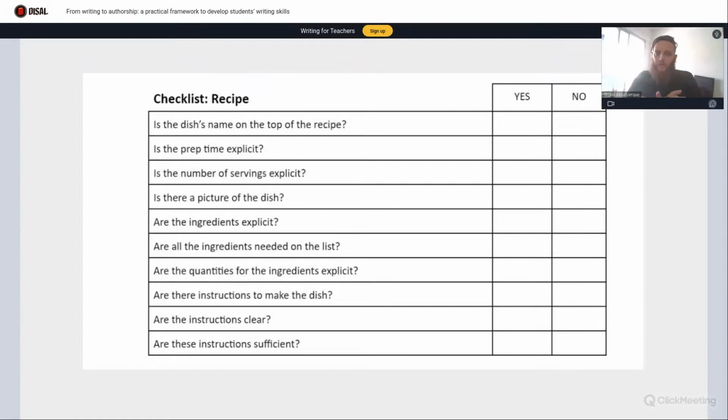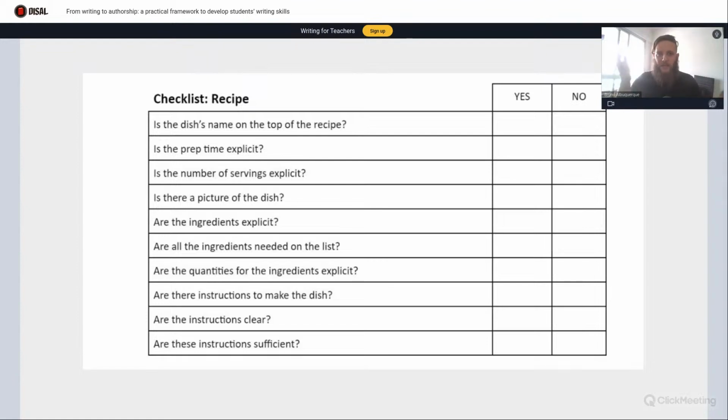They shared their drafts with their peers, and the peers used this checklist to assess, to peer review, to give peer feedback to their colleagues. And this is where the lesson ended. They read each one's text, they checked the boxes, they gave feedback, and that was it.